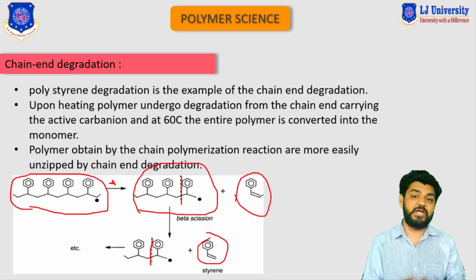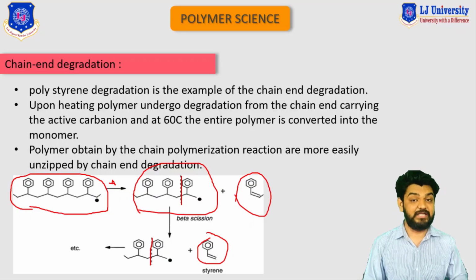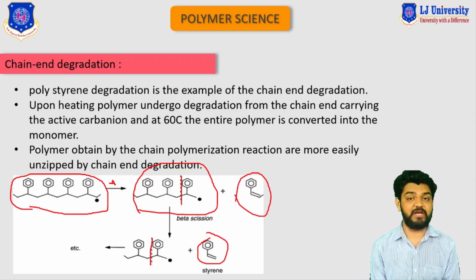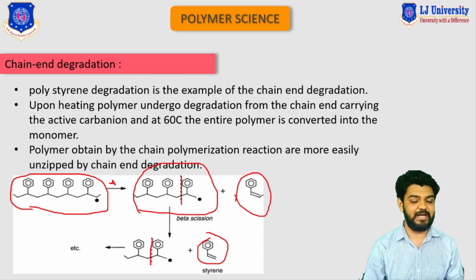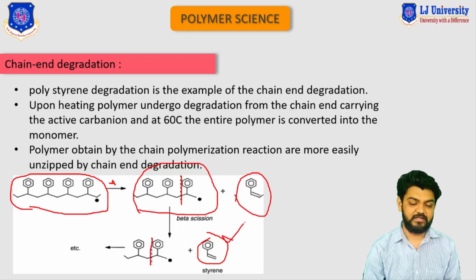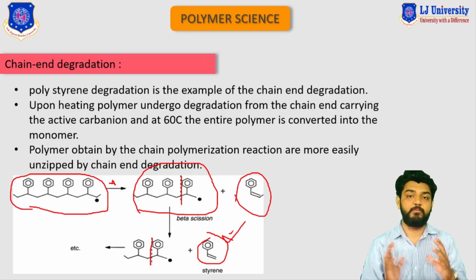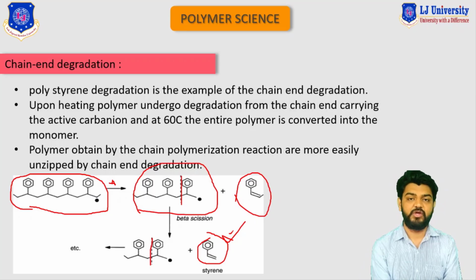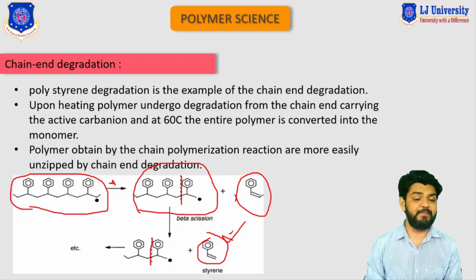So if we continue to apply heat and increase the temperature of the polystyrene to 60 degrees Celsius, the entire polymer of the polystyrene will degrade and we will be left with the monomers of the styrene like this. Right? Like this we will have only the monomer of the styrene. So this is what we mean by the chain end degradation process.